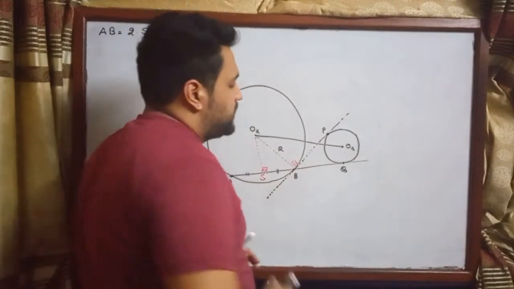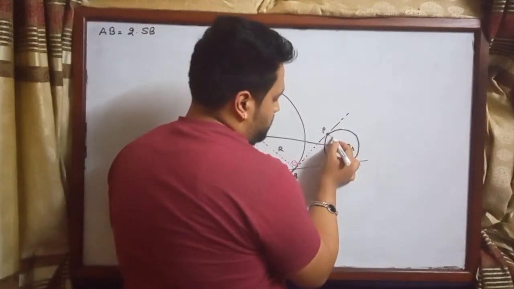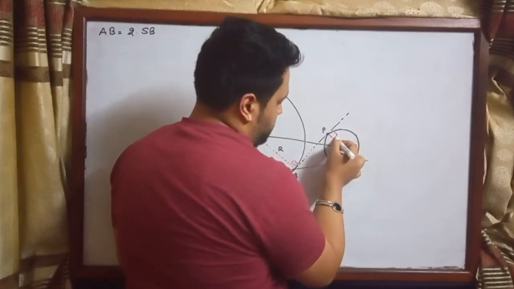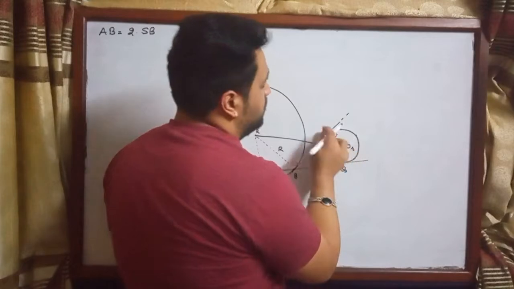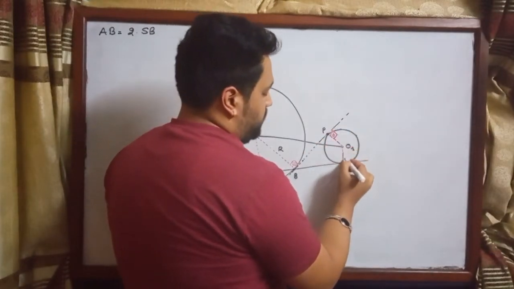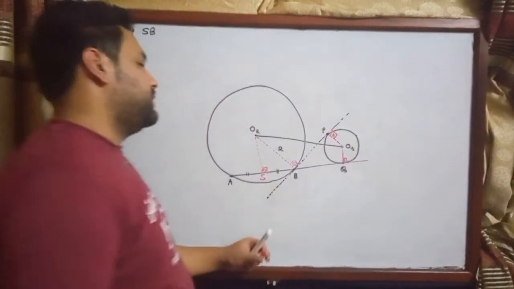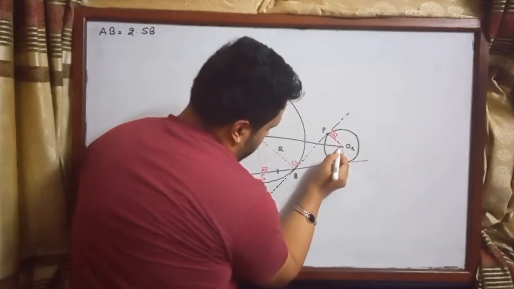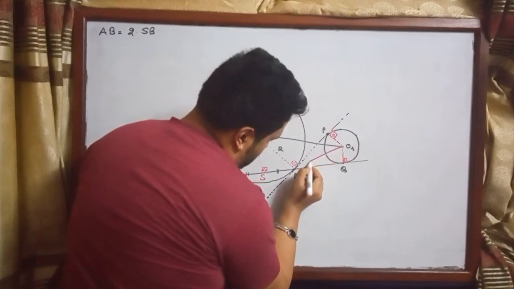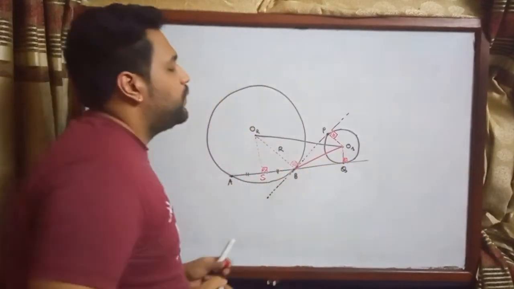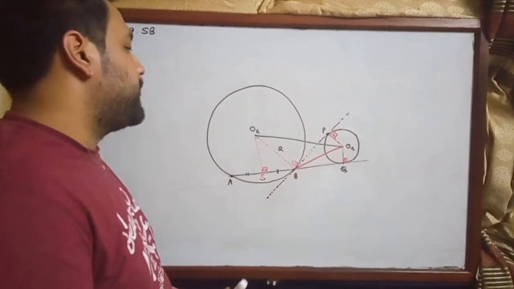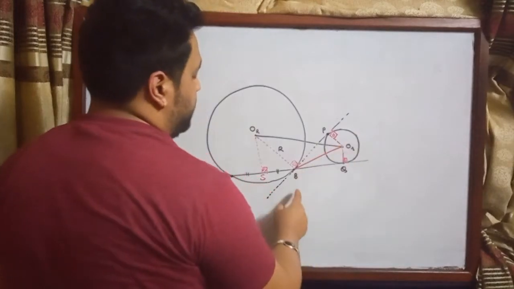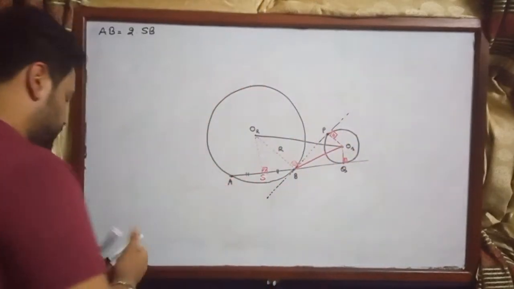Now let's join O_r with P like this. Then this will also be a perpendicular. Now let's join O_r with B. Now let's focus on triangles BPO_r and BQO_r.